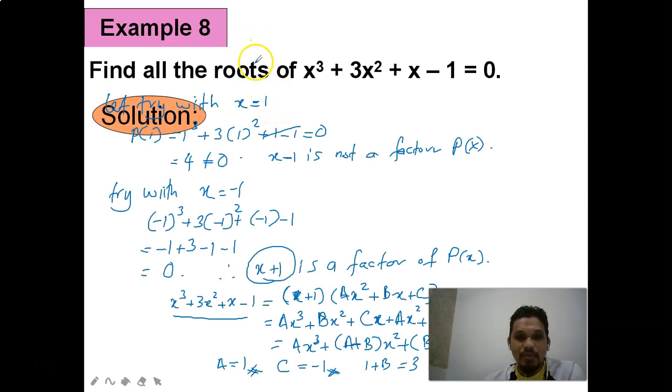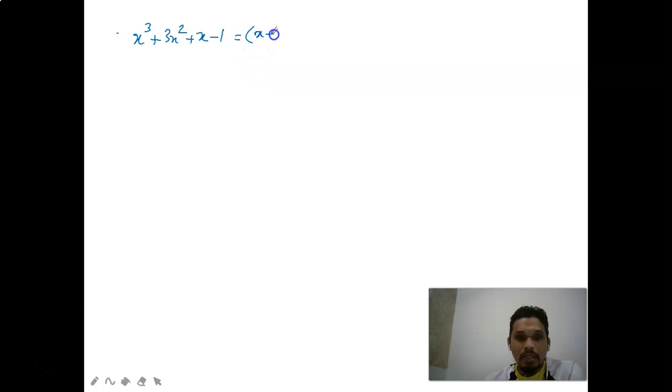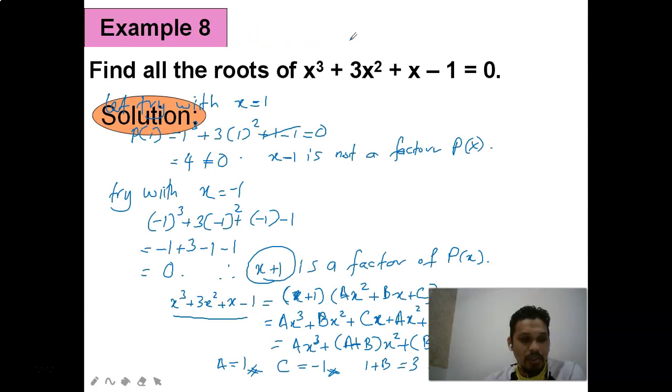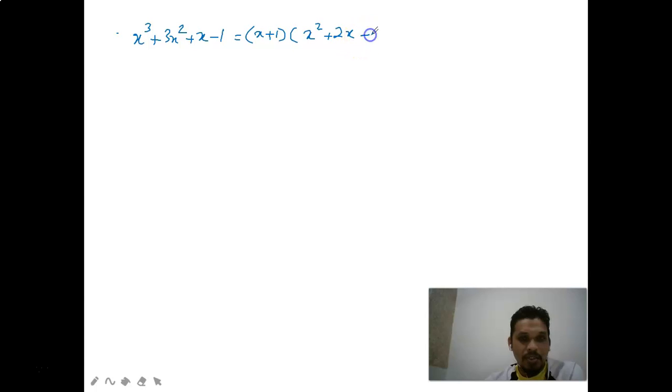Okay. Now from here, it gives you x cubed plus 3x squared plus x minus 1 equal to, the first is x plus 1, and then a equal to 1, so x squared, and b equal to 2, plus 2x, and c equal to negative 1, minus 1.